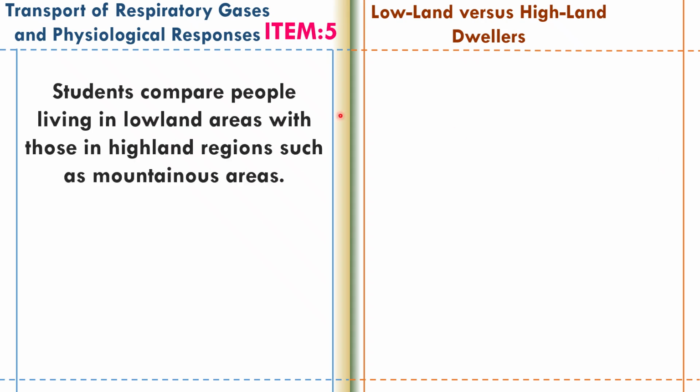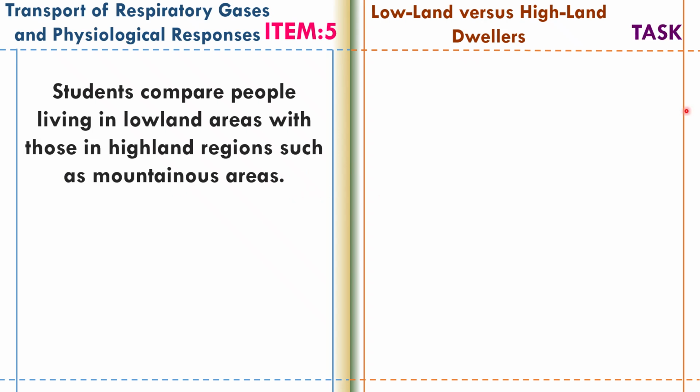Still looking at transport of respiratory gases and physiological responses. Item 5. Let's look at lowland versus highland dwellers. Students compare people living in lowland areas with those in highland regions, such as mountainous areas.